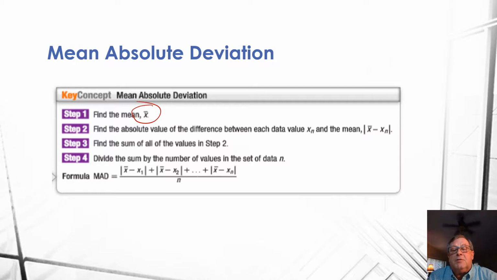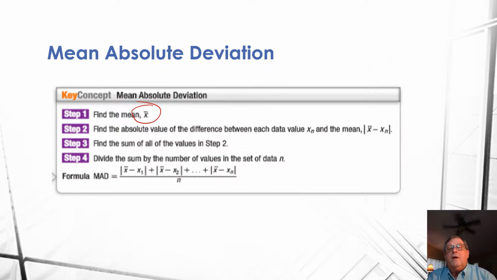So we take the mean, we subtract out the data point, and we use the absolute value of that. Once we get those differences between the data and the mean itself, we add all those up and we find the mean of those values. So that is the mean absolute value of the deviation, or we could say that this is the mean of the absolute value of any data point's deviation or variance from the mean.